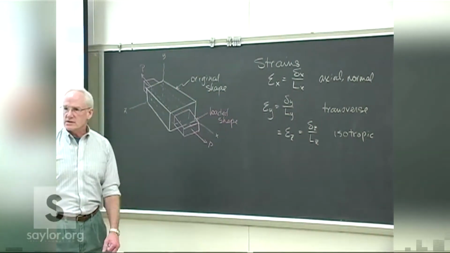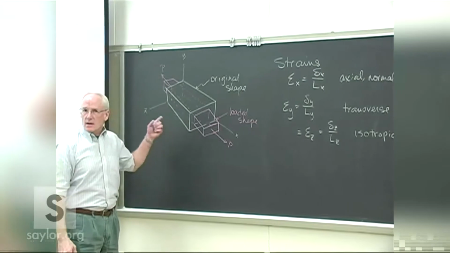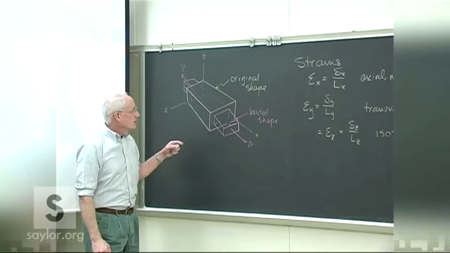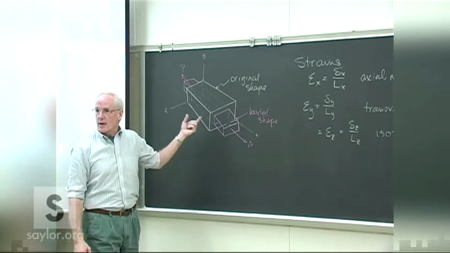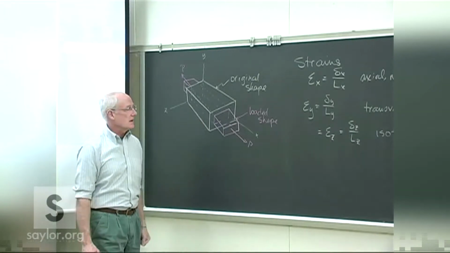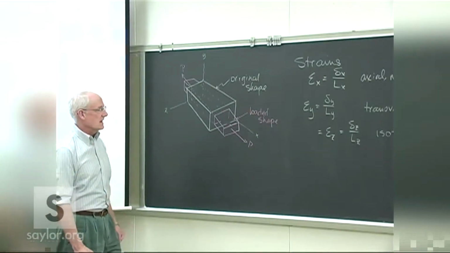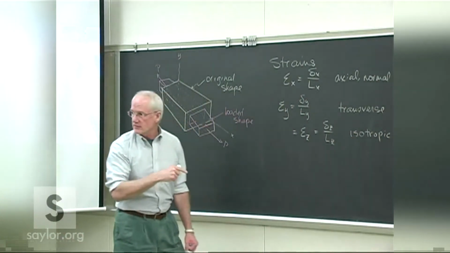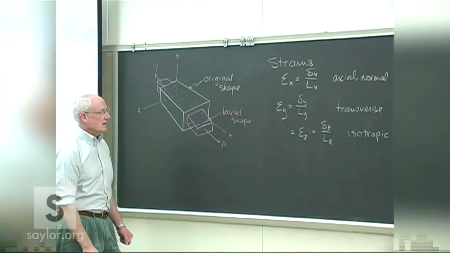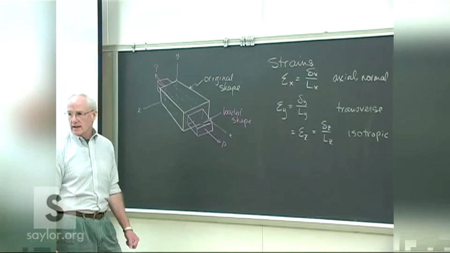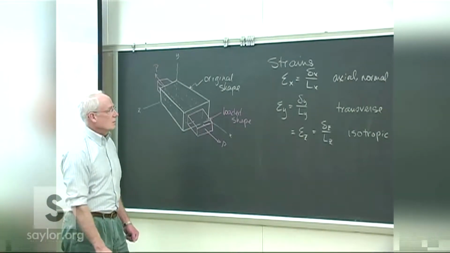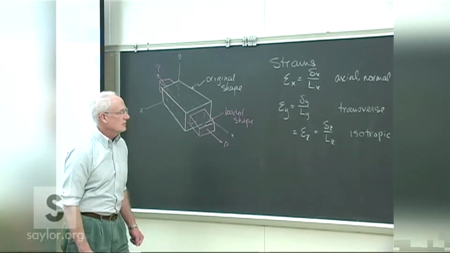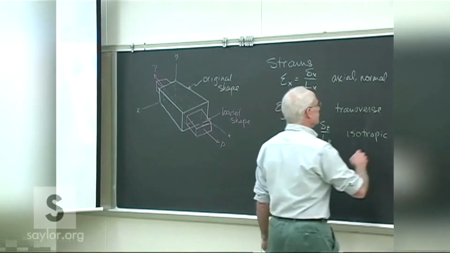In other words, it has no bias in terms of the direction the piece is actually loaded. It's the same in any direction. This is not like wood. Wood is very different in different directions for these kinds of strains because of the grain of the wood. So wood has to be put down in a certain way. Steel is just poured into the shapes that are used.